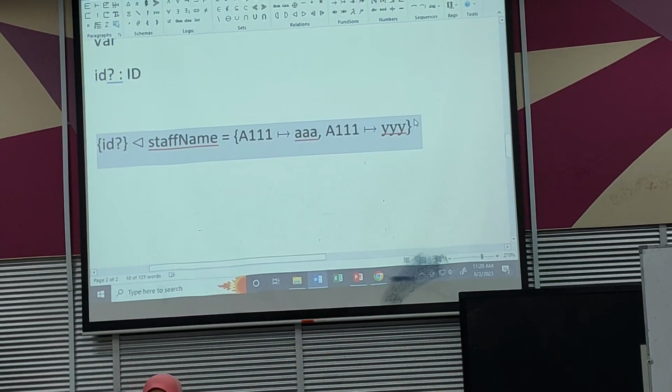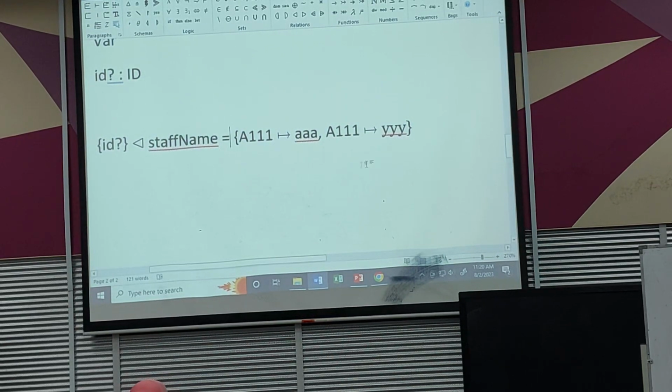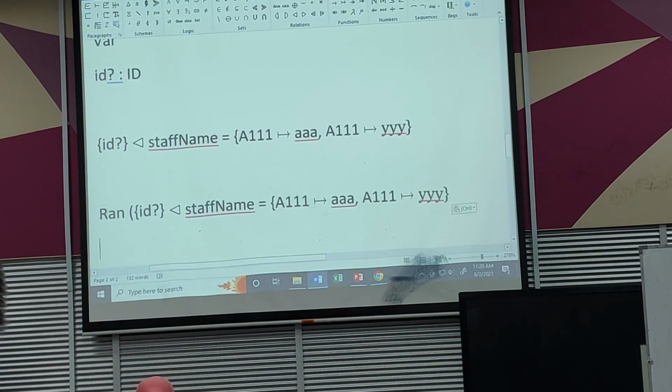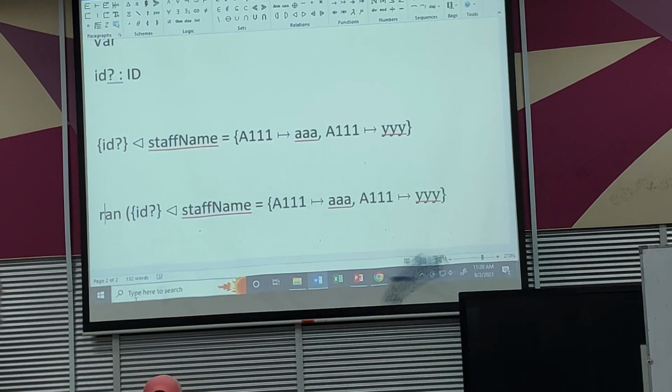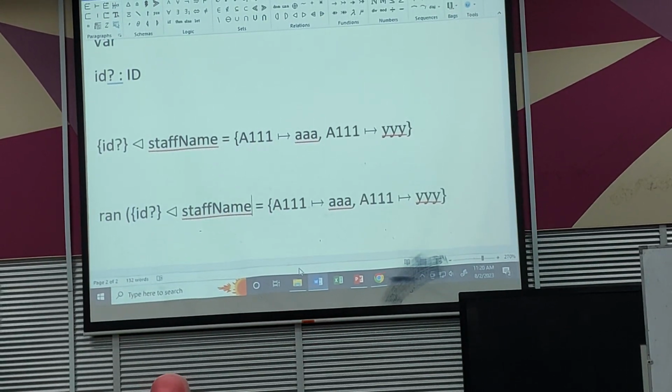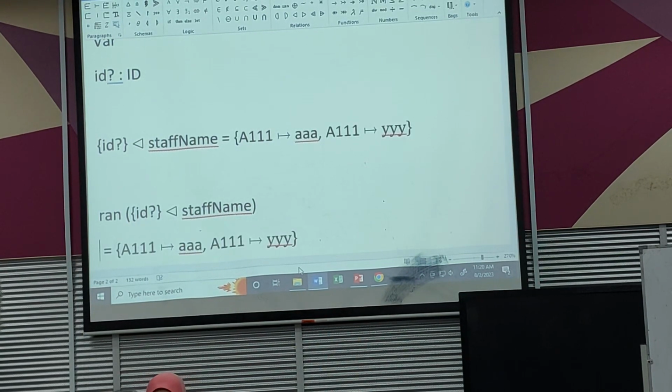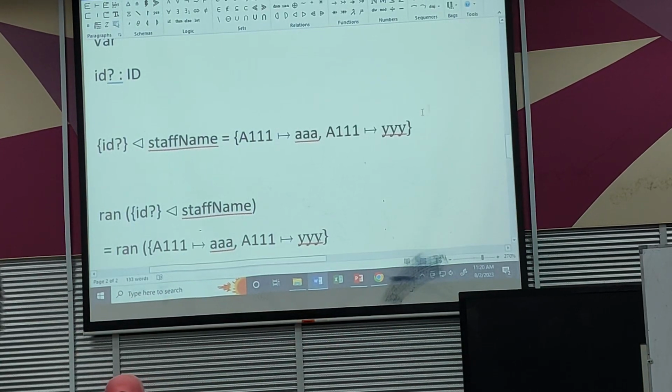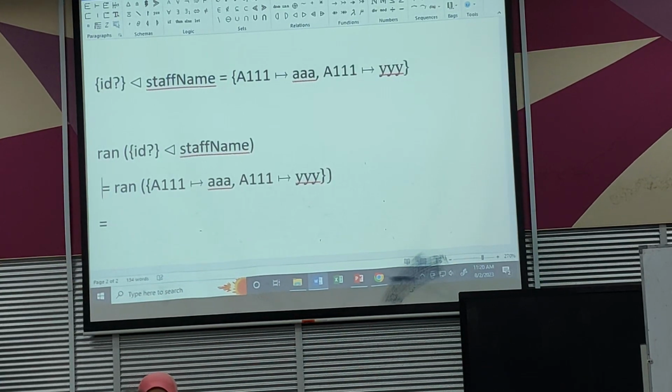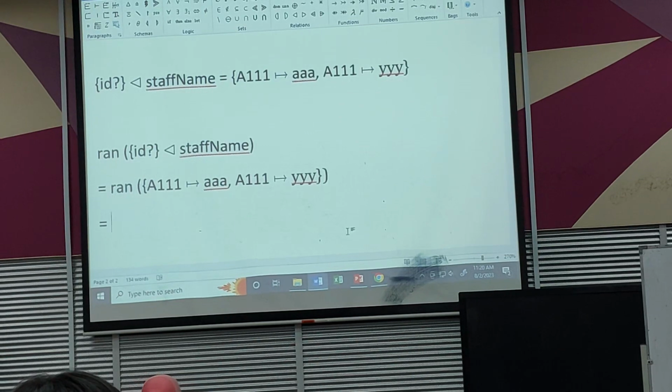Show the difference. Okay? So I put ran bracket ID like this. Okay, so actually what you get, you will have ran of this, and then the last one that you get will be AAA and YYY, like that.